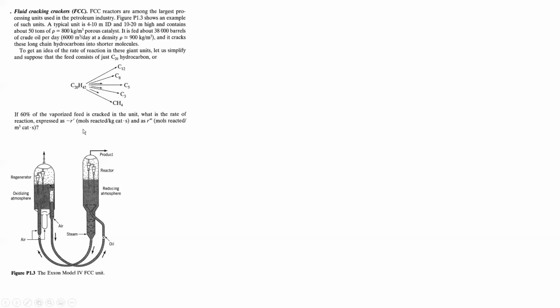First one, let me just get the right thing. Okay, so the first one is right here, which I'm looking for moles reacted per second multiplied by 1 over kilogram catalyst, and the second one is moles reacted per second multiplied by 1 over meter cubed catalyst.